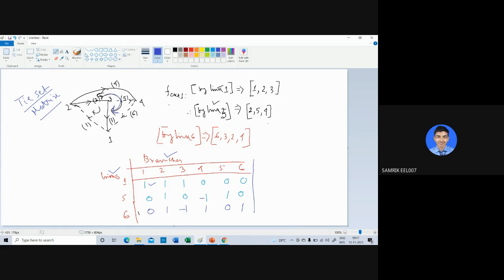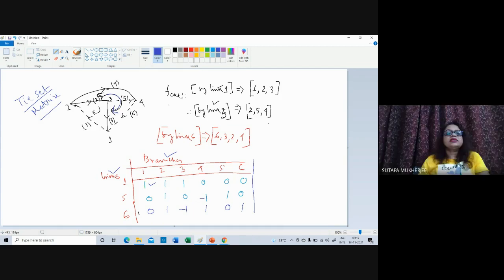I think 2 is negative. The branch 2 direction is like this and the loop direction is like that, so opposite. 2 will be negative. Anybody has any question regarding this?